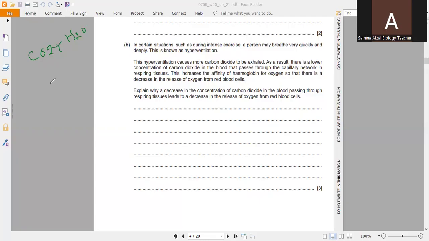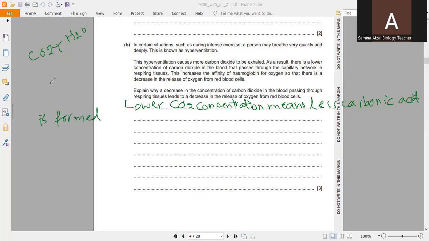So we have to write the answer. Lower carbon dioxide concentration means less carbonic acid is formed and fewer hydrogen ions are produced.